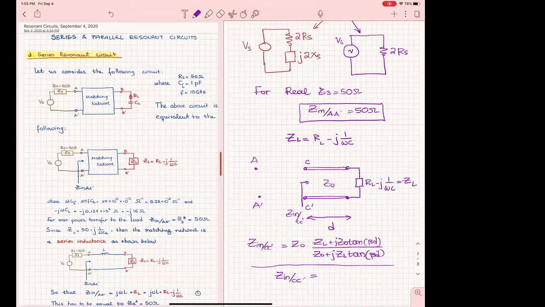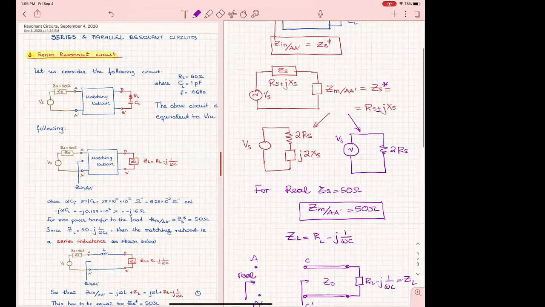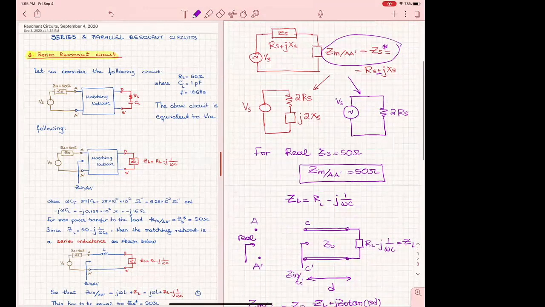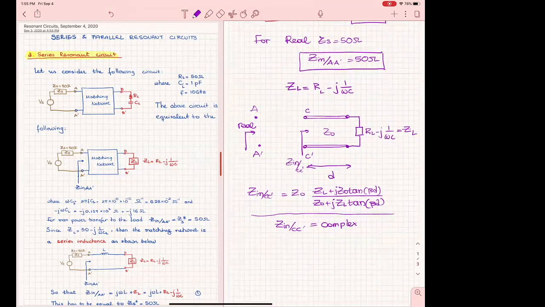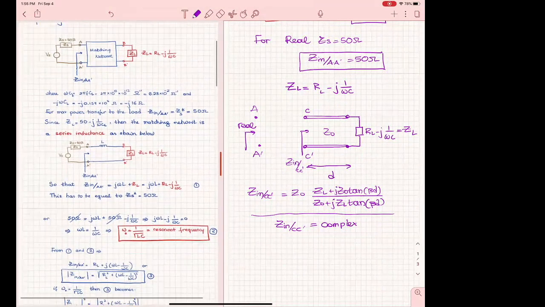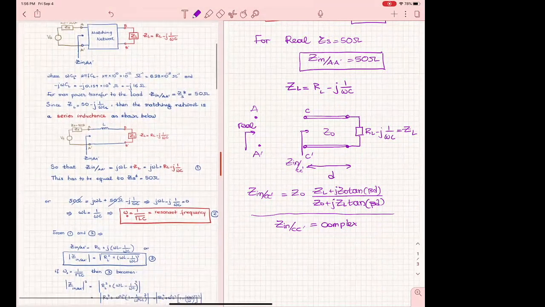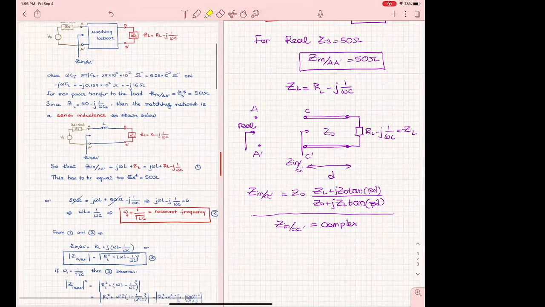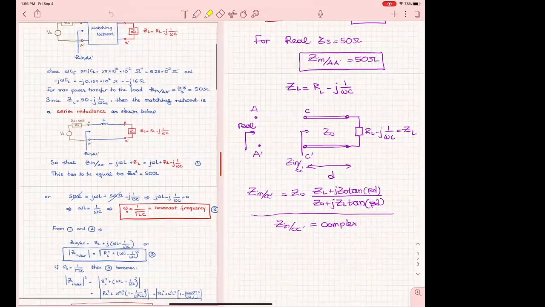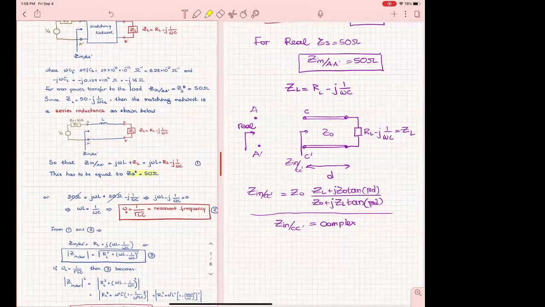Complex. And if it gives a complex impedance and we have to match this complex impedance, we have to make it real here, because that's what this condition told us. You see this on the left in my notes.